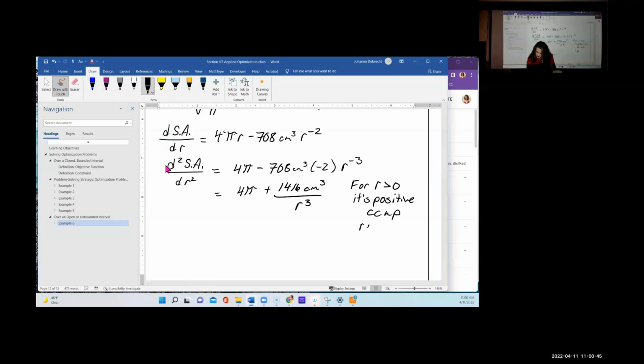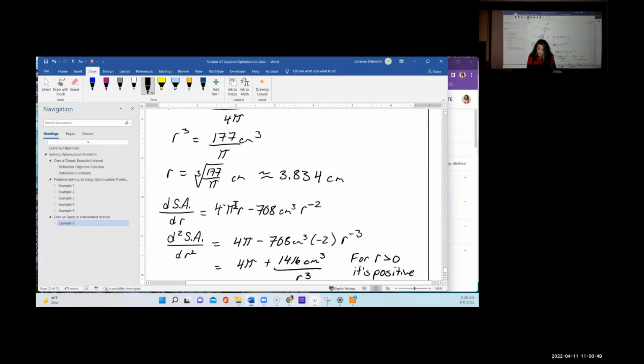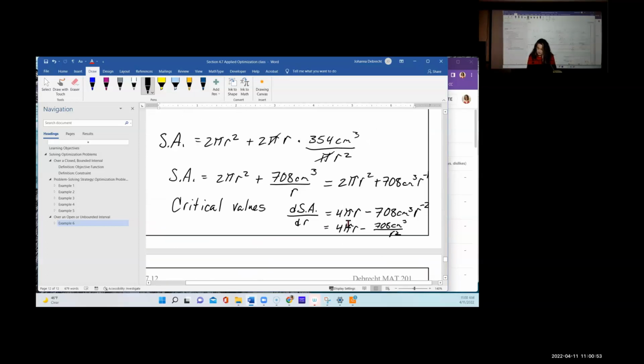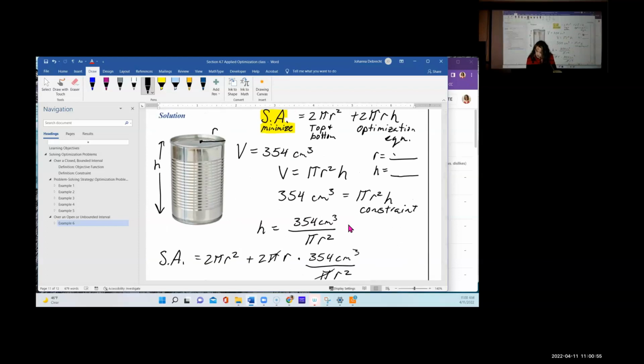Yeah. So we do have a relative minimum, all right? So our value is the cube root of 177 over pi for R. And that was centimeters. And then for H, we can come back to this expression right here.